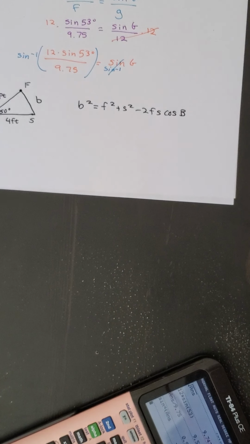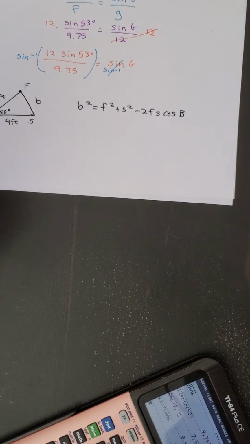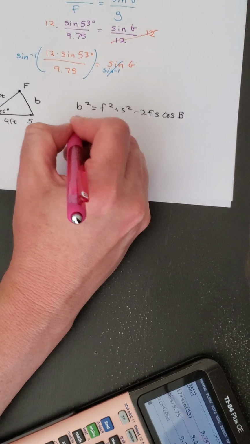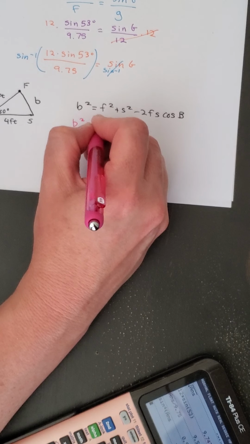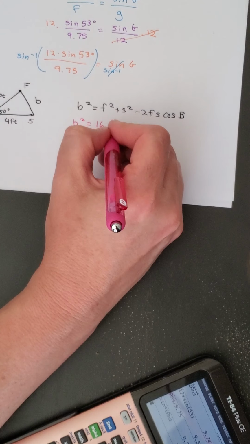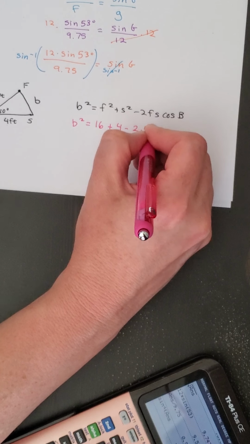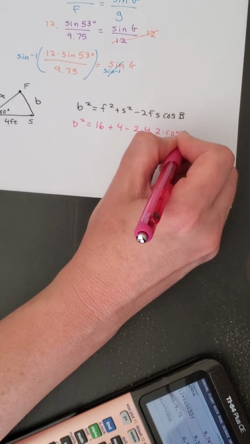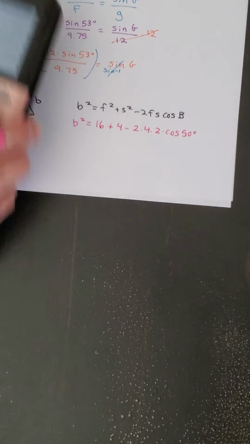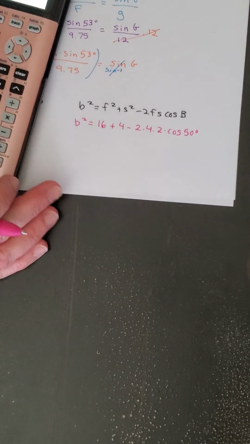All right. So you should get really good at writing the law of cosines at this point. So b squared equals f squared, which is 16, 4 squared, plus 2 squared, which is 4, minus 2 times 4 times 2 times cosine 50 degrees. I'm going to use my calculator. Let me just triple check that I'm not off. No, I'm not. You're fine.